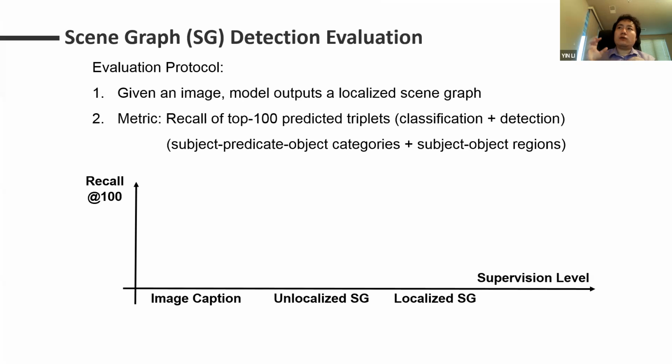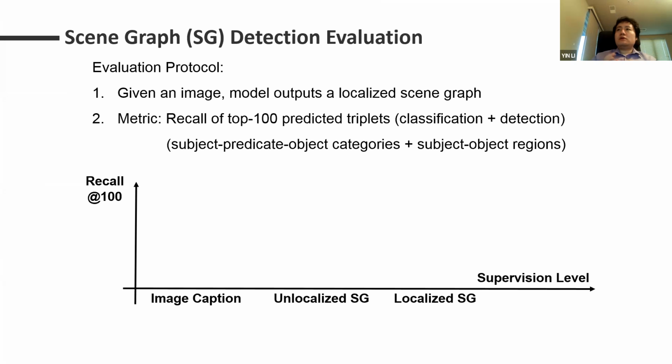Localized means that you have to identify all the regions on the image, label these regions correctly, and also identify the relationships in the right way. So the metric we use is Recall at 100, which is a mix between classification and detection.